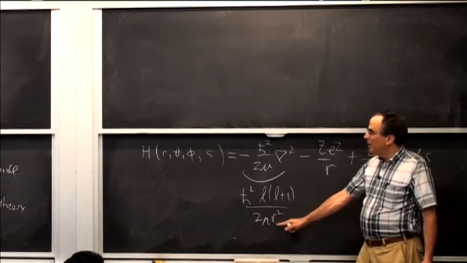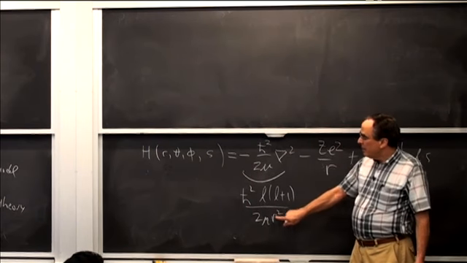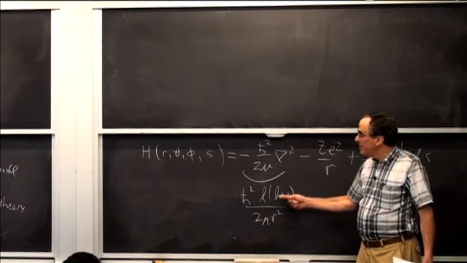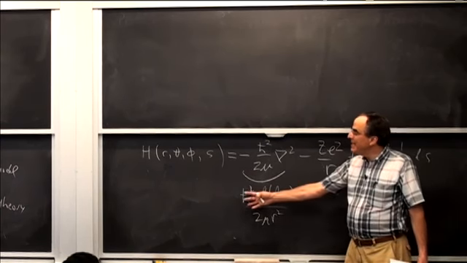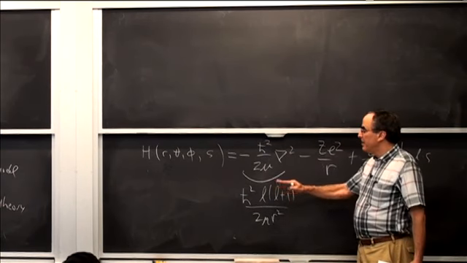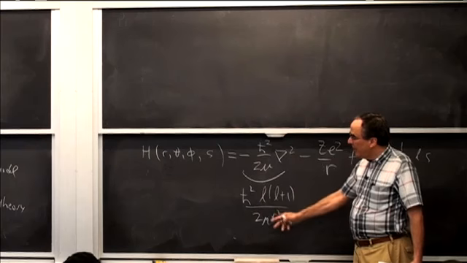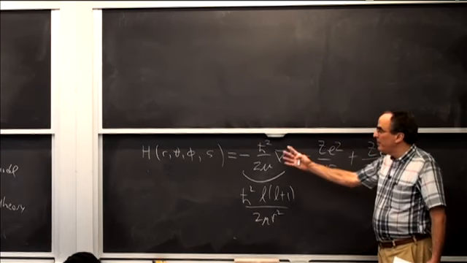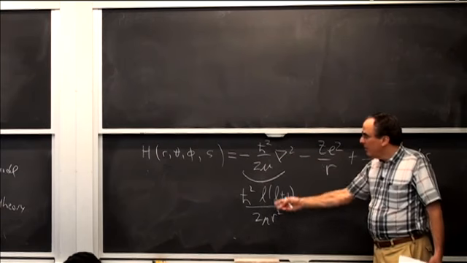We still have r squared as a variable, but this is now a quantum number, and this has taken the angular part of the problem out.